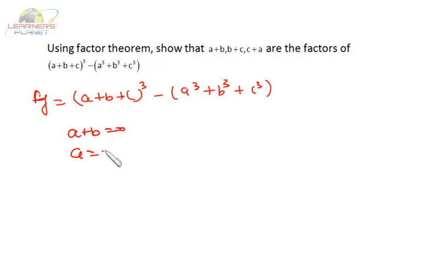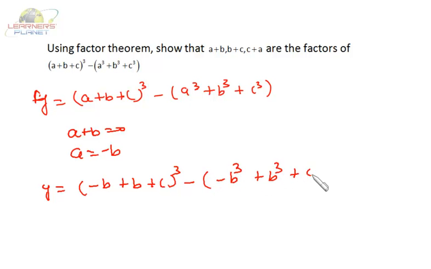So let's put a plus b as 0. That means a is equal to minus b. Now if we put a is equal to minus b in this expression, and if we get 0, then a plus b will be a factor of it. So let's put the value of a as minus b in this expression. So y will be minus b plus c whole cube minus b cube, that is minus b whole cube, that is minus b cube, plus b cube plus c cube.